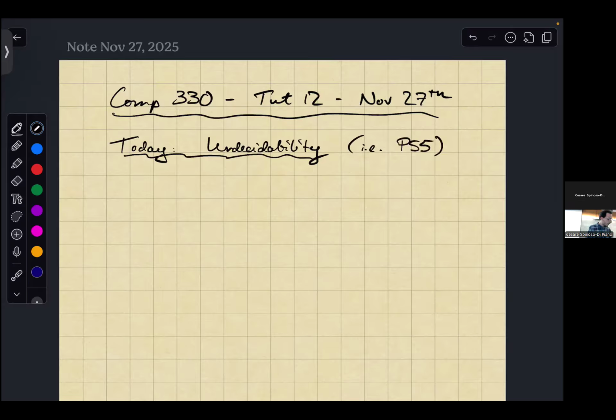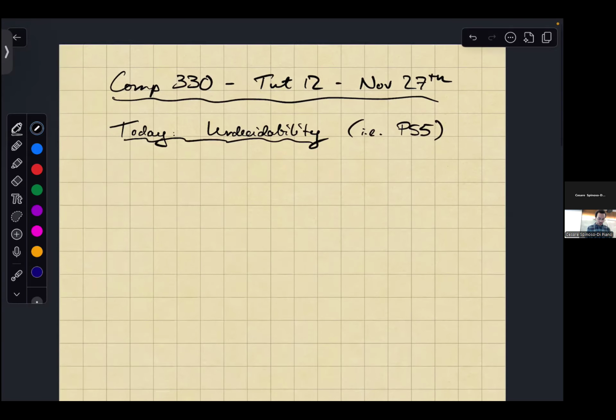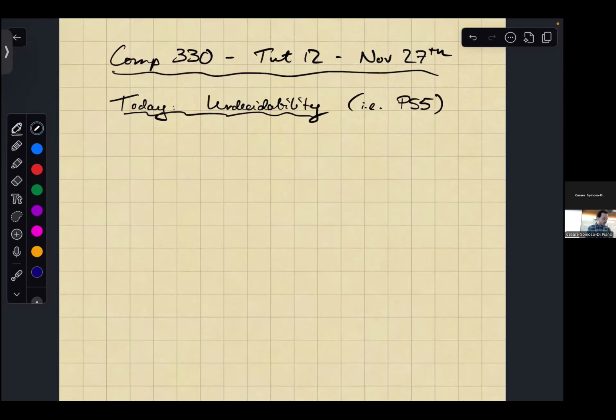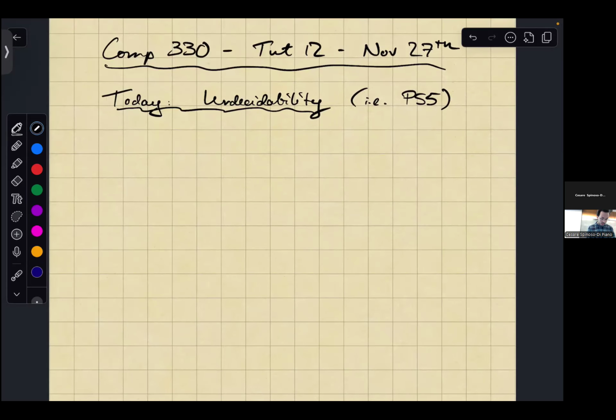I'm going to give you some more theoretical notes, just because I think they're important and they might not have been presented like this in the lecture, and then we'll try to do some exercises related to that.